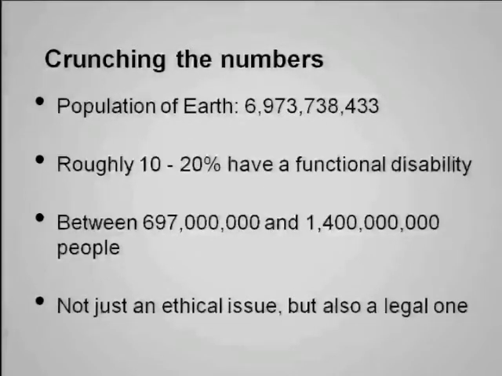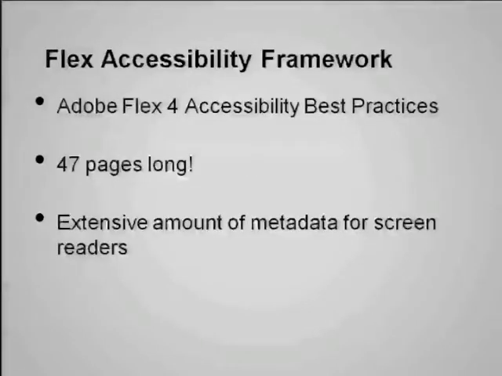It's very useful to make your program accessible to people who have difficulties with them, for both ethical reasons and also legal reasons. The governments of the world, Canada being one, have started enacting laws. So if you have the ability to make your program accessible, you have to do so by law. And there's definitely good reasons for it.